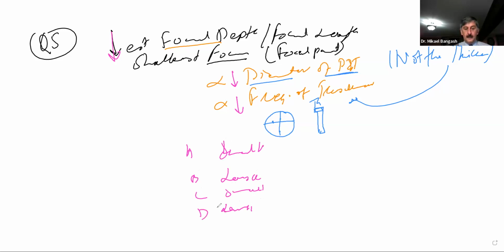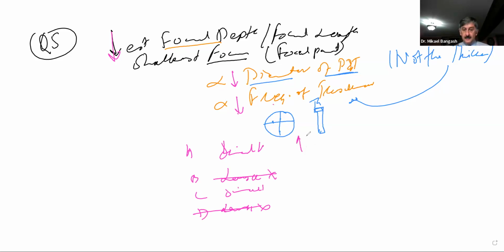Now, the large ones are out of the race, because we are looking for the ones that have a small diameter. Now what you need to look for is which of these two, A and C, has the lowest frequency.